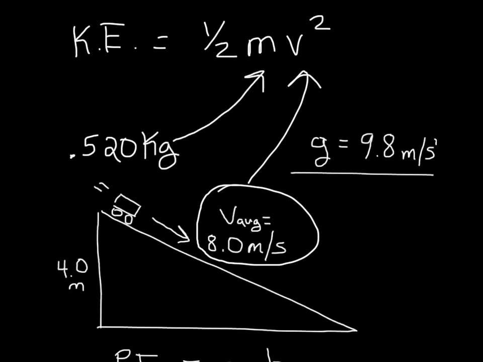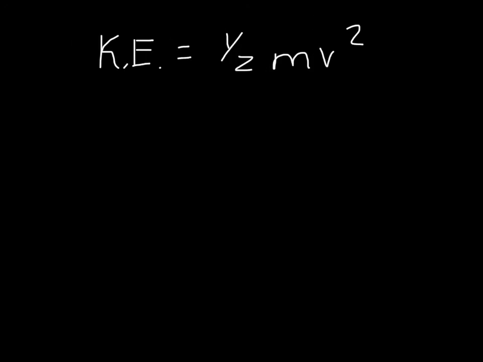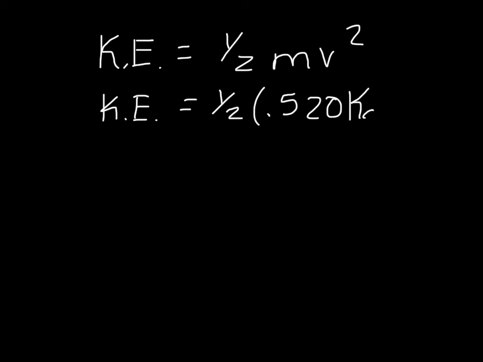So when we do that, we're just going to get a simple equation that looks like this. KE equals 1/2 mv squared. So plugging in our numbers, we have 1/2 times our mass, which is 0.520 kilograms. That's the mass of the cart. And our velocity is 8.0 meters per second, and that's squared.